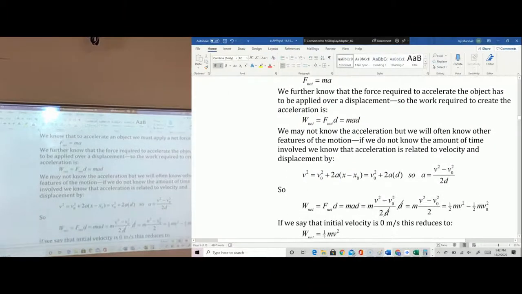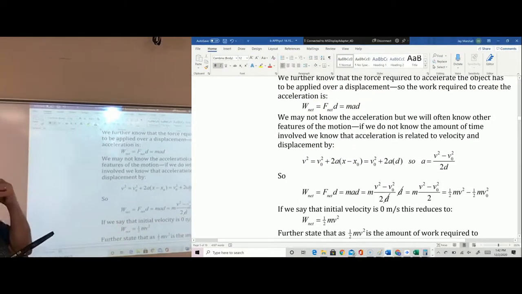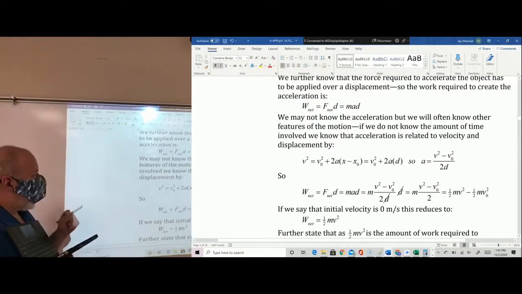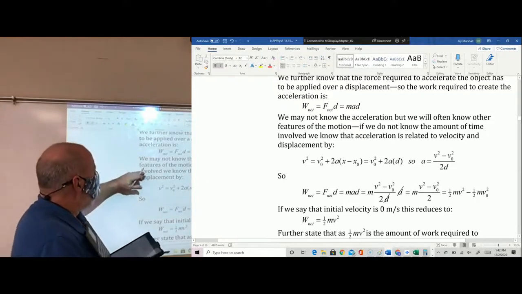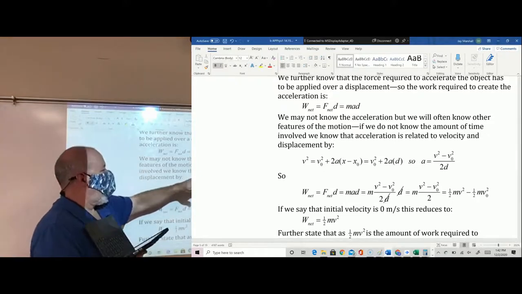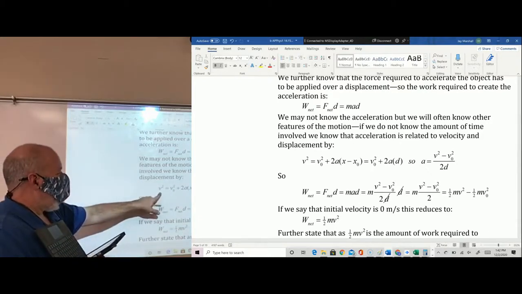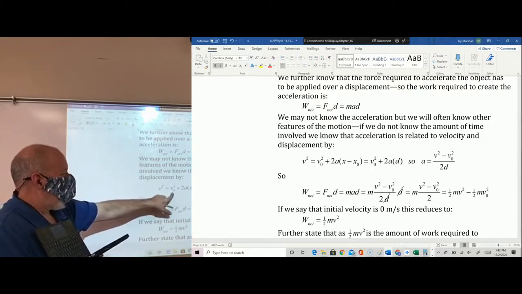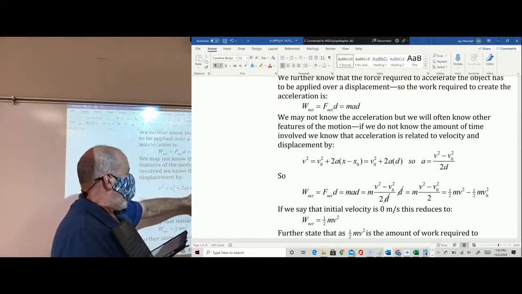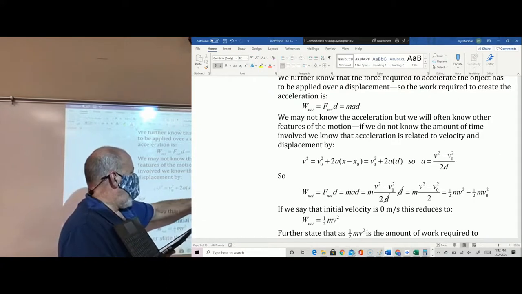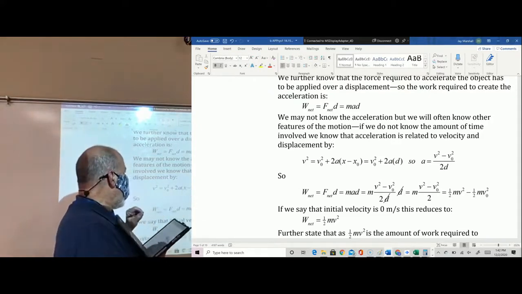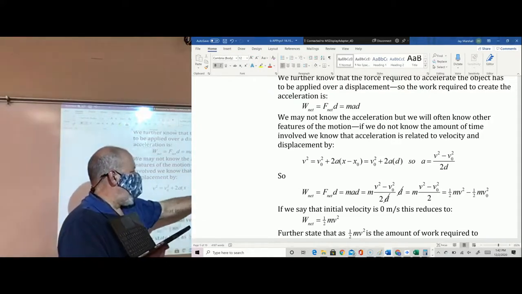We may not know the acceleration, but we'll often know the other features of motion. If we don't know the amount of time involved, we know that the acceleration is related to the velocity and displacement by this, right? If we don't know the time, we know v squared equals v0 squared plus 2a times (x minus x0). And we know that this is the same thing as the distance, right?